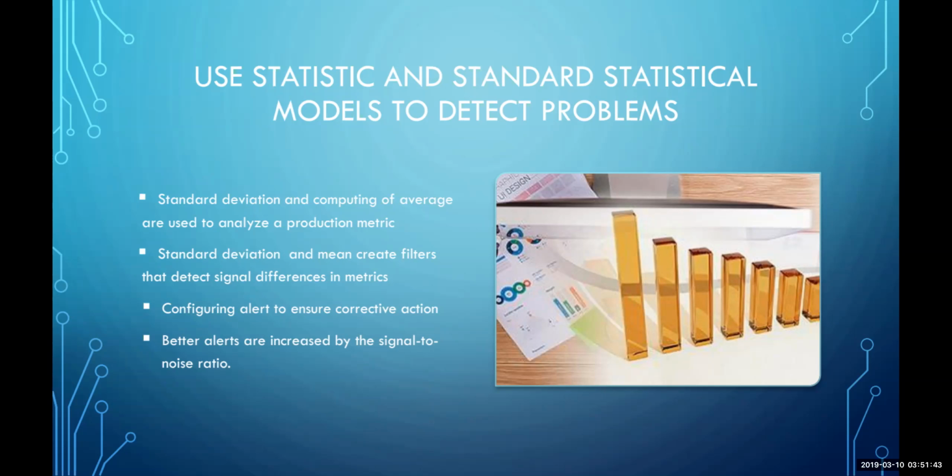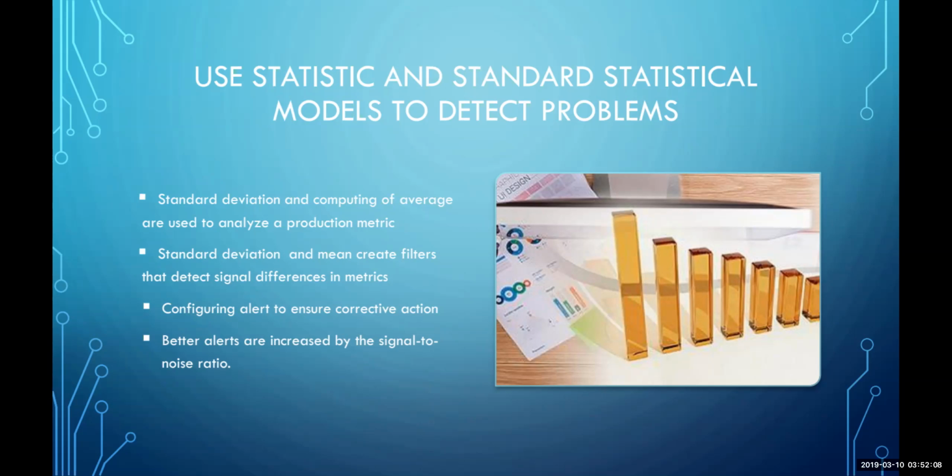Now, standard deviation and computing of averages are used to analyze problem metrics. Some scenarios were given in the past, and actually one of the simplest statistical techniques that we can use to analyze a production metric is computing its mean and standard deviation.